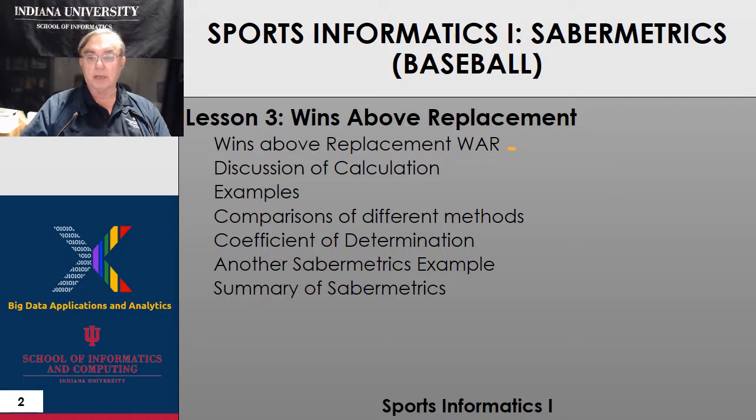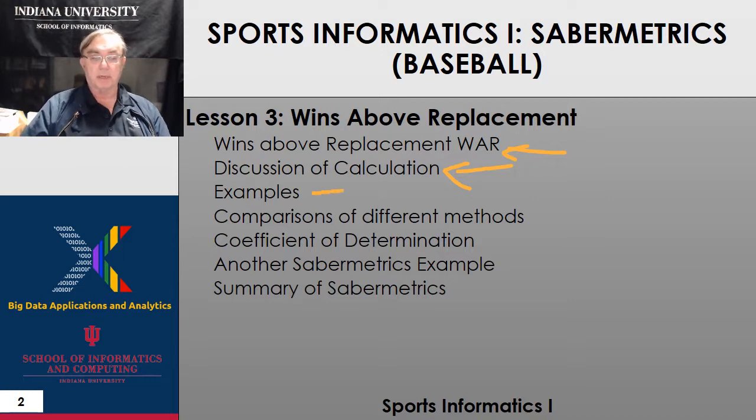So we define wins above replacement. There are many ways of calculating it because it's defined intuitively as the best way of calculating the number of wins, which is 10 times the number of runs a given player produces.